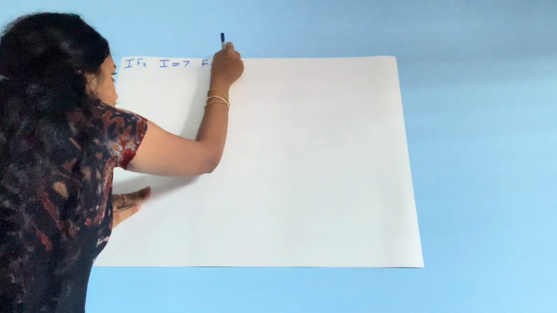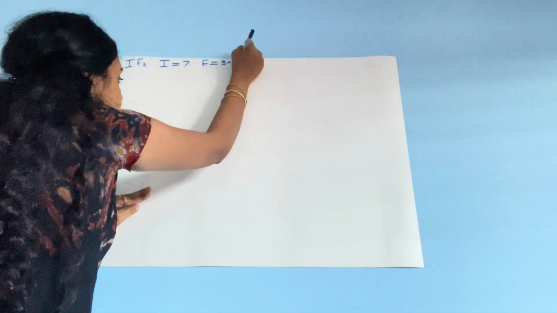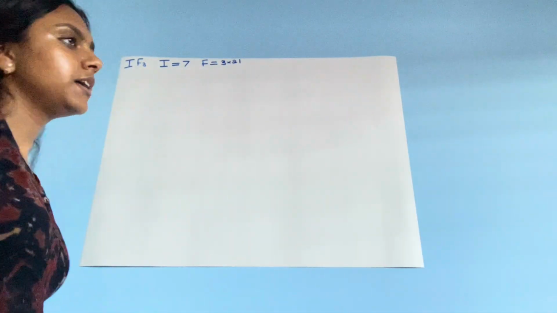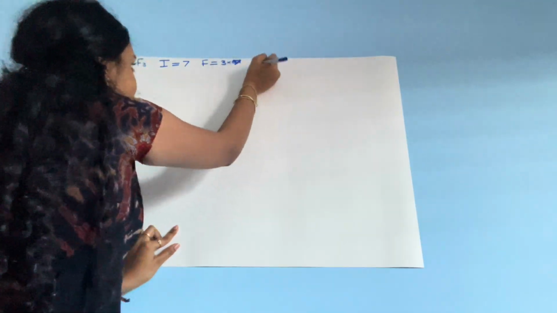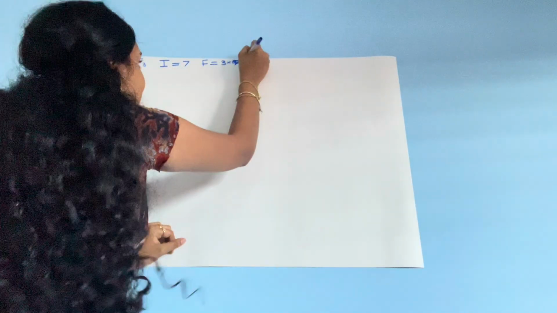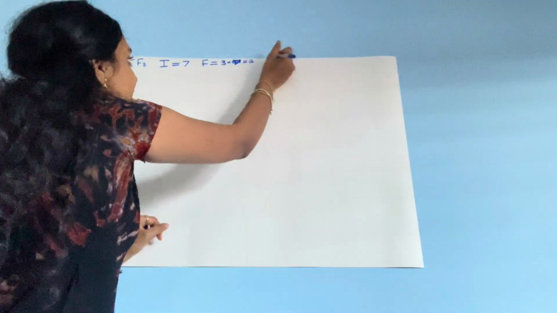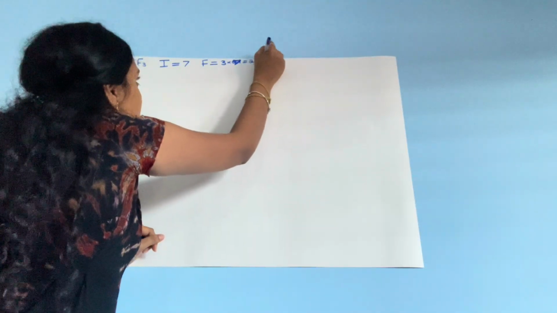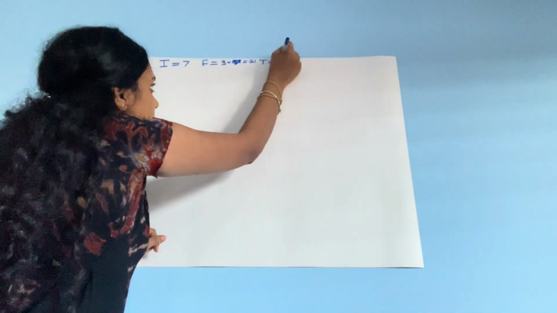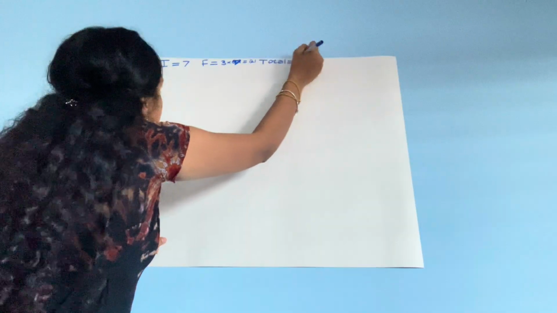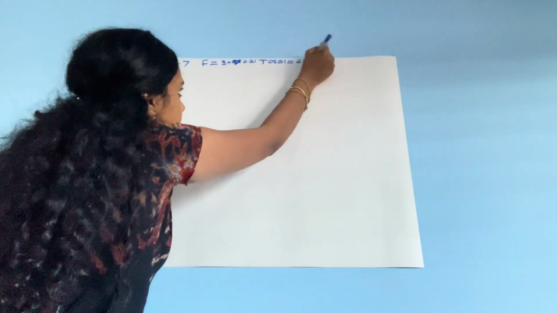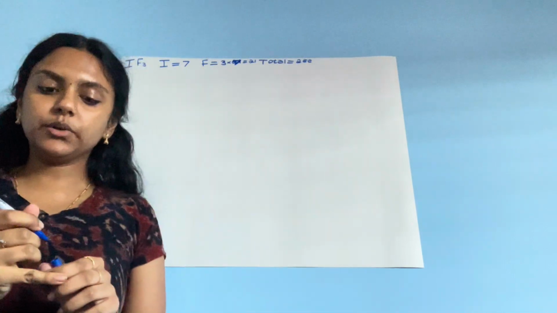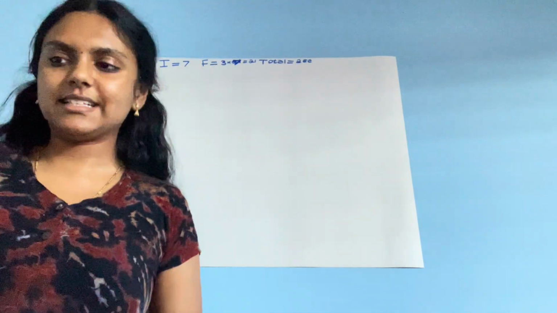So 3 times 7 equals 21. And then our total is 7 plus 21, 28 electrons. So our total electrons are 28.